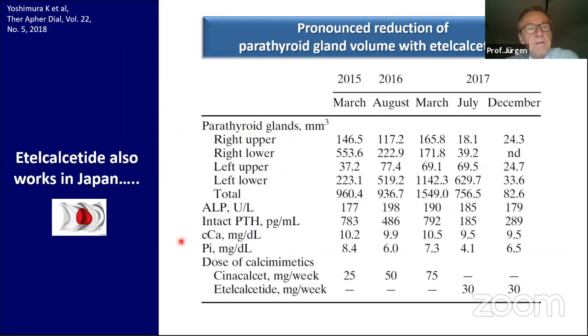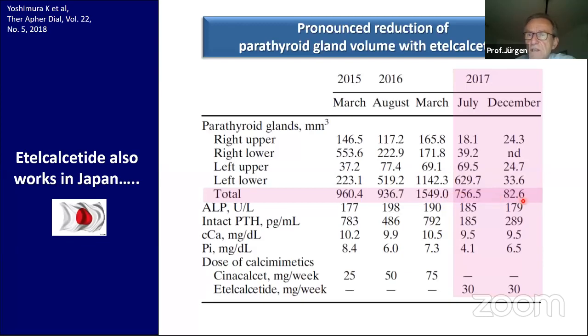And a final piece of evidence, again from Japan, they looked at parathyroid gland volume. So if you just look at this row, the total gland volume, it evolved in the year 2015, 900 cubic millimeters. In March 2016, 1,515 cubic millimeters.